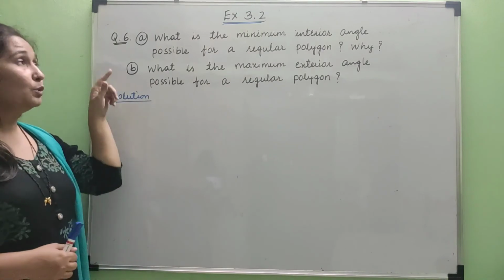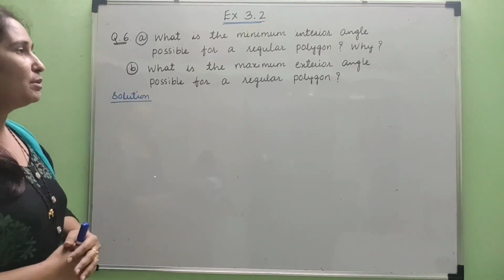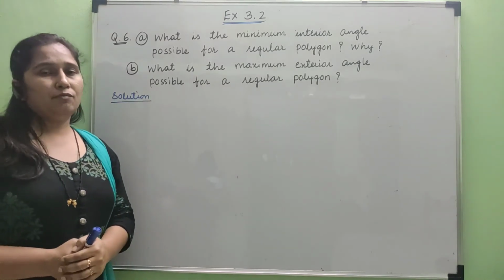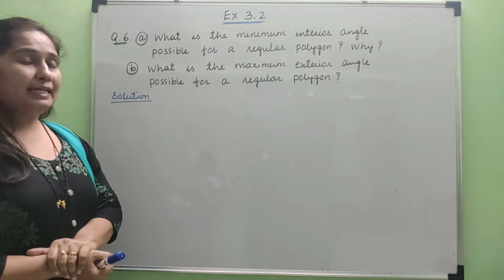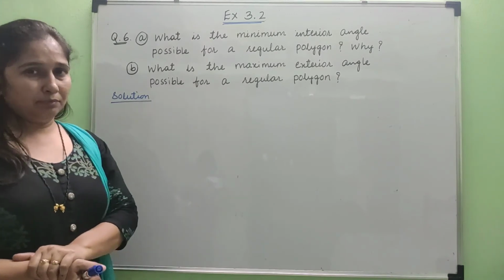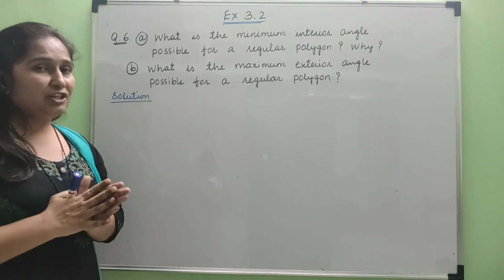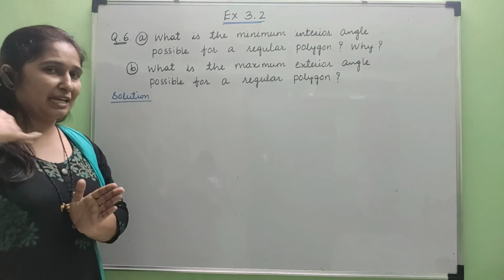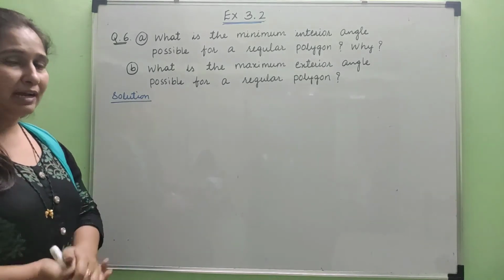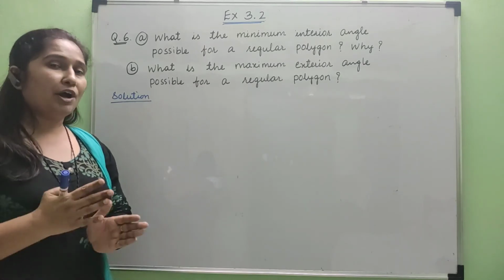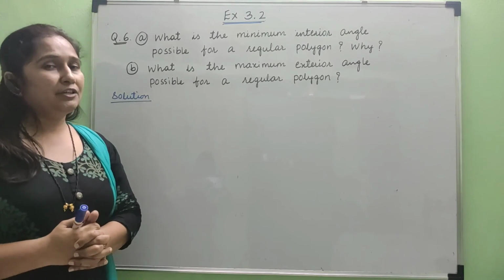Exercise 3.2, question 6b. What is the maximum exterior angle possible for a regular polygon? Here, when the exterior angle is maximum, the interior angle will be minimum. When the interior angle is minimum, the exterior angle will be maximum. In the first part we explained that for an equilateral triangle we get the minimum interior angle.